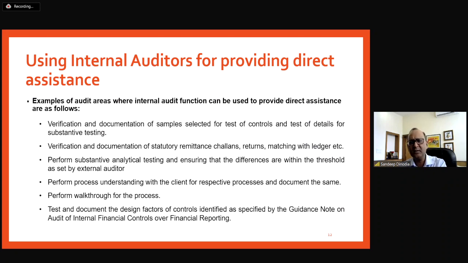So basically all these three things are on the process checks, that the processes are functioning and robust enough to give complete, transparent financial results at the end of the year. Test and document the design factors of controls identified by the guidance note on audit of internal financial controls over financial reporting. So the testing of controls and RCMs can be done with the help of the direct assistance of the internal auditor.